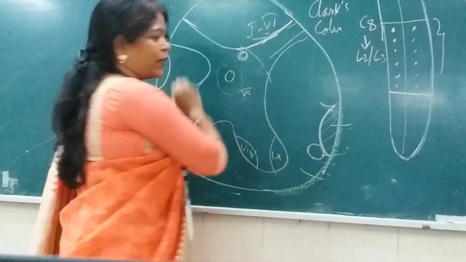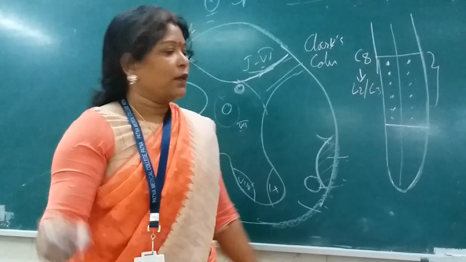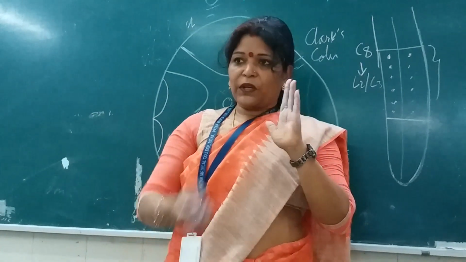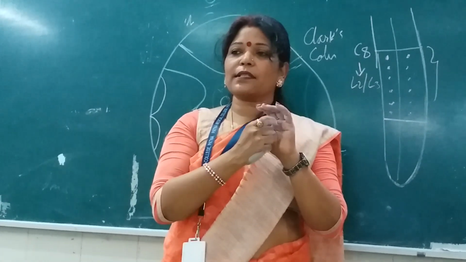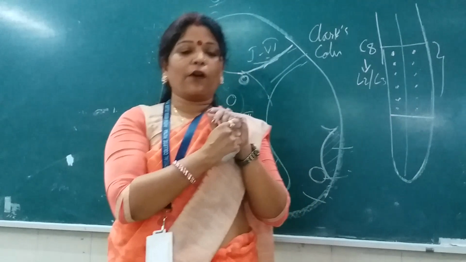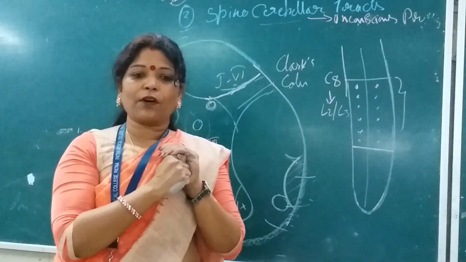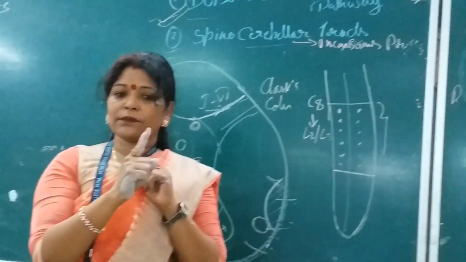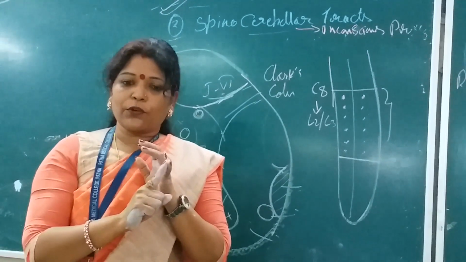A very important point. The Clark column cells give origin to which spinocerebellar tract? If an objective question is asked about the Clark column cells, which type of neuron are they: first order, second order, or third order neuron? Anyone? Second order neuron. Very good.